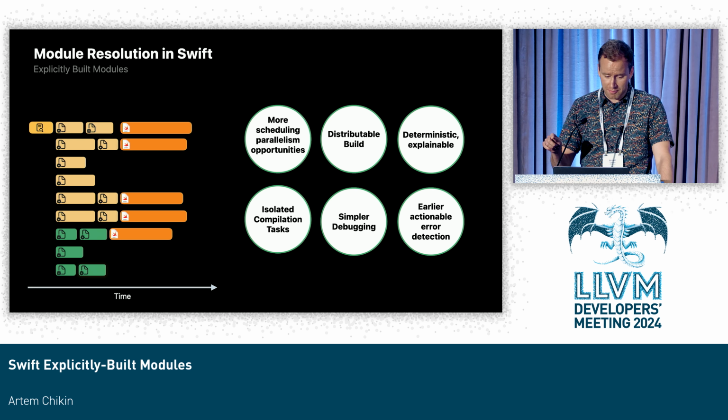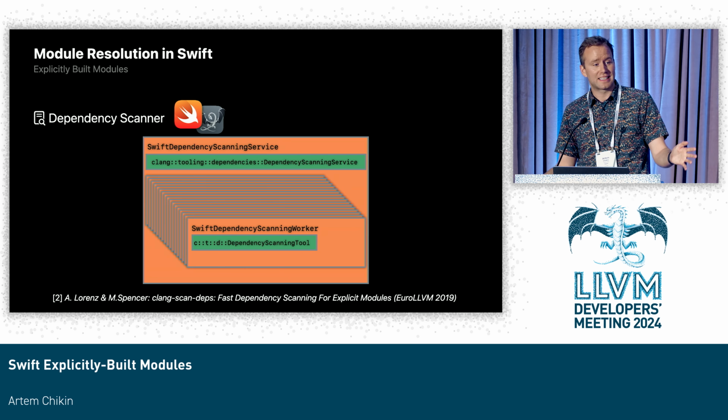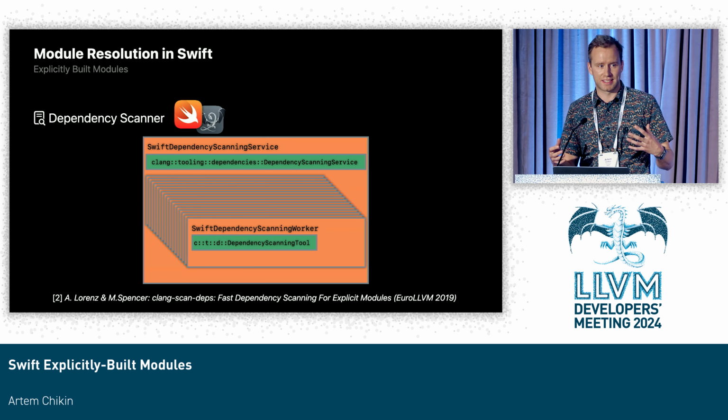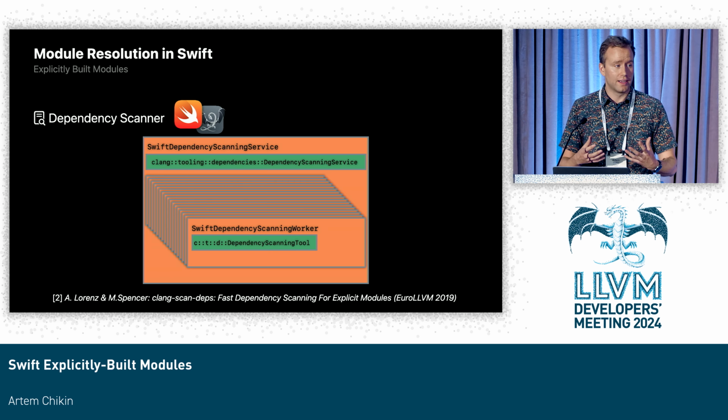Now, the most interesting technology involved in this build model is the dependency scanner. The Swift dependency scanner is a library service that is used by the build system. It essentially is a library that wraps the entire compiler, whose execution mode is strictly to take an import statement and to resolve it to a given module in a file system.